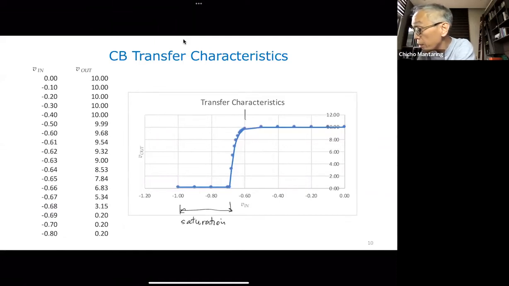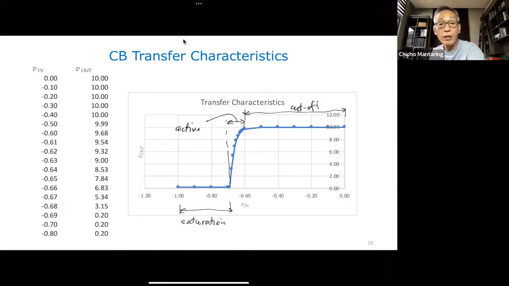Okay, here we are at cutoff. And then here we are in active. We are in the active region. Is my gain positive or negative? Can someone just shout it out? What is my gain?